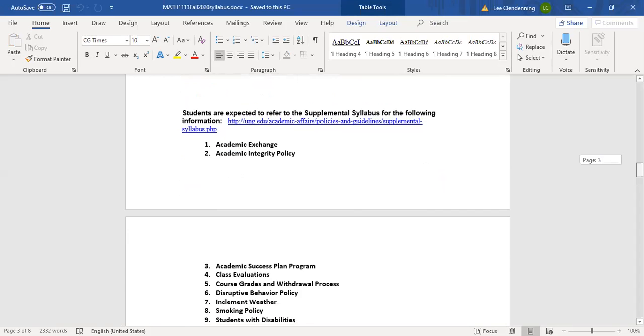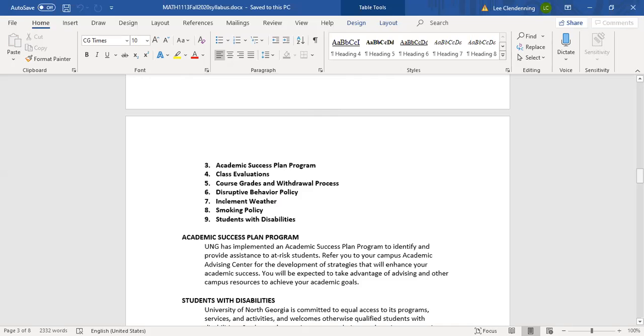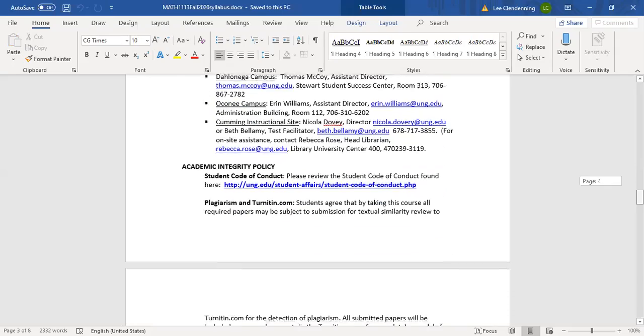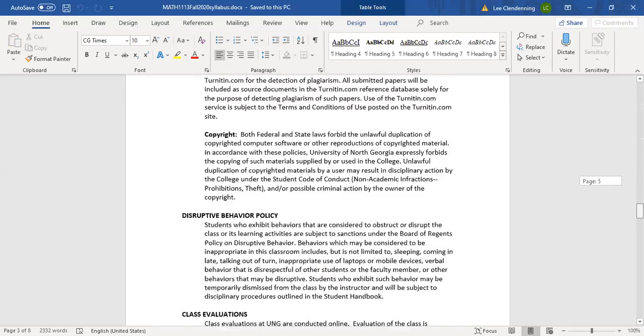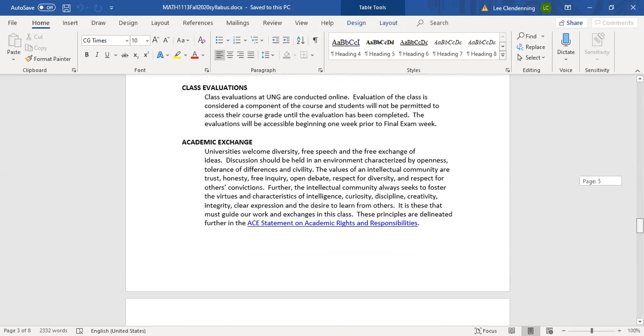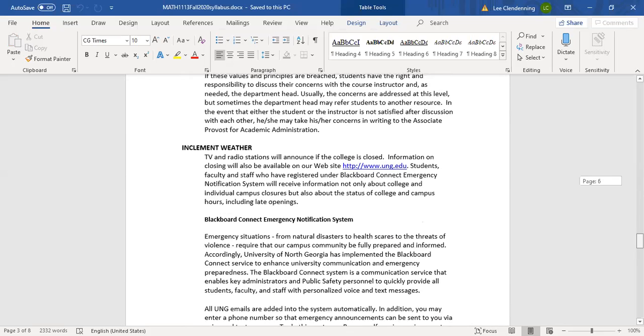All right, so there's all kinds of standard information from the school about all these things: academic success programs, students with disabilities, academic integrity, etc., disruptive behavior, class evaluations, you'll be able to evaluate me at the end, academic exchange, inclement weather.